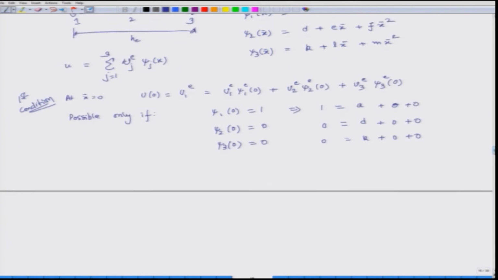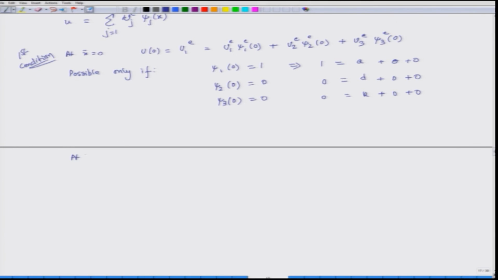So, this is the first condition. What is the second condition? That at x bar equals alpha times h^e, u of alpha h^e is equal to u2^e, and this is equal to u1 psi 1 at alpha h^e plus u2 psi 2 at alpha h^e plus u3 psi 3 at alpha h^e, and again I have to put superscripts everywhere.